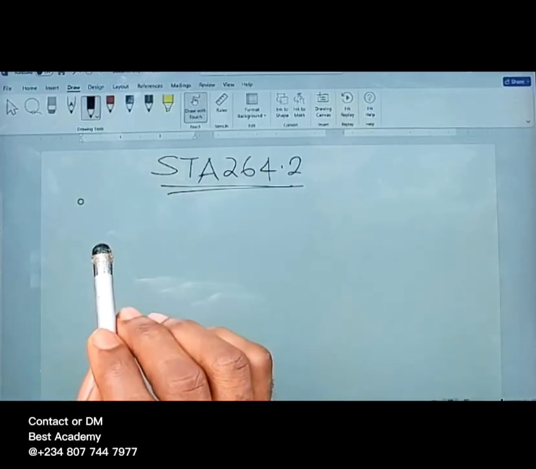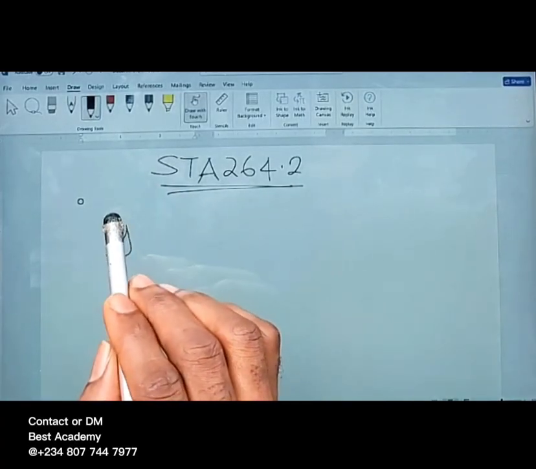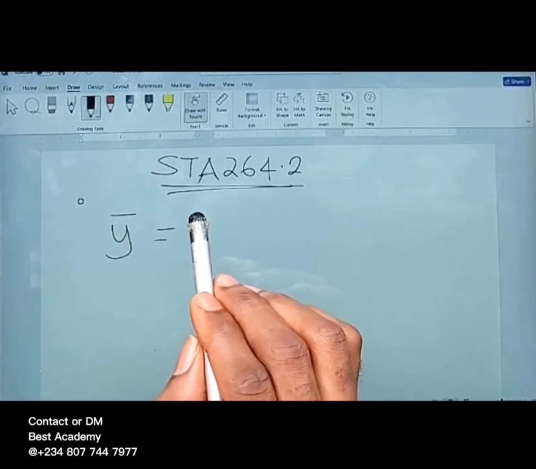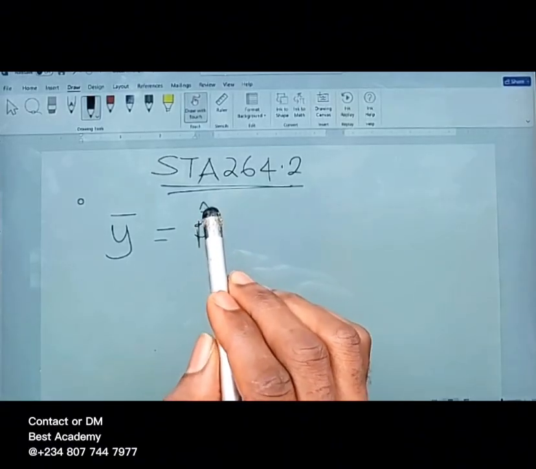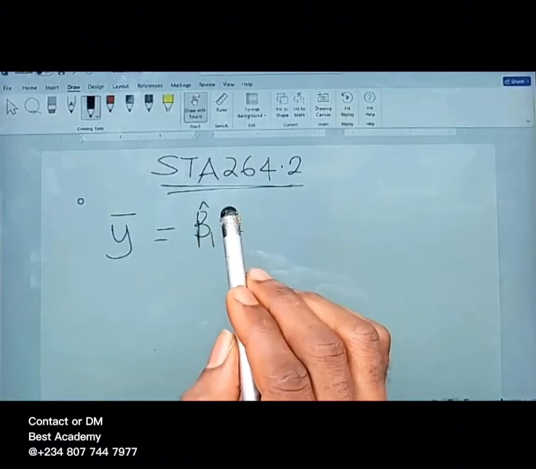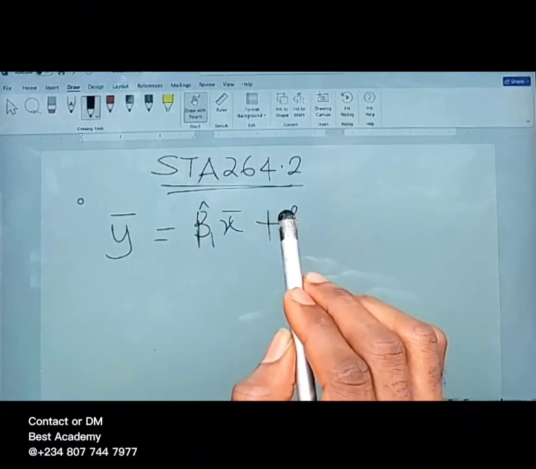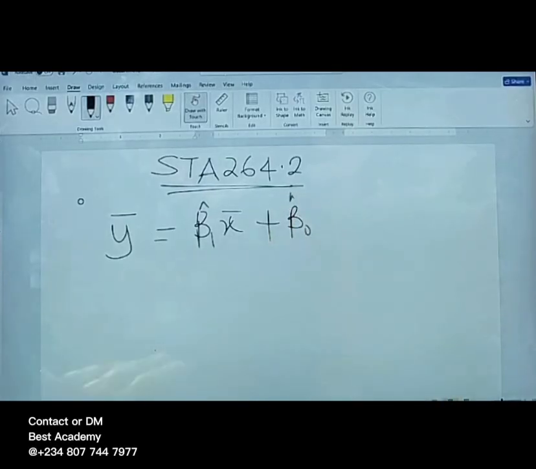The equation is y bar is equal to beta 1 hat s bar plus beta naught hat. Please take note.